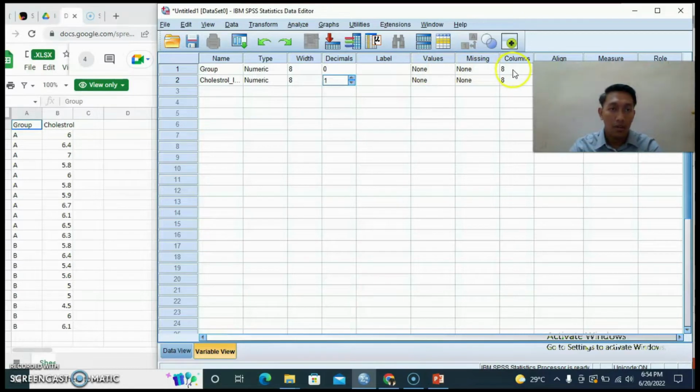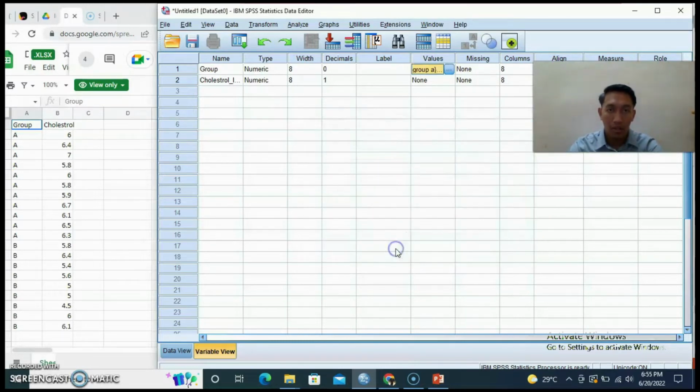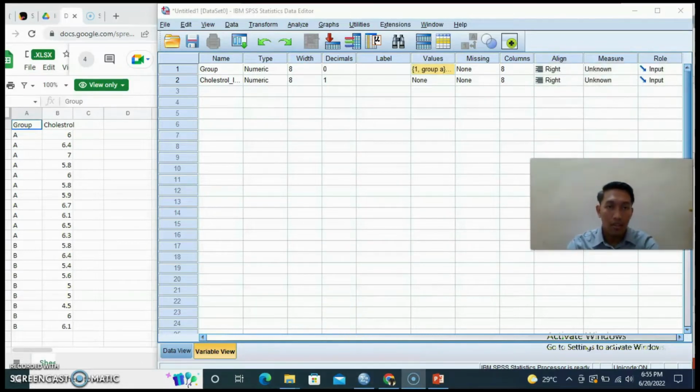For the value, number 1 is group A and number 2 is group B. The next is measure. Go to the measure. Group is nominal and cholesterol level is scale.